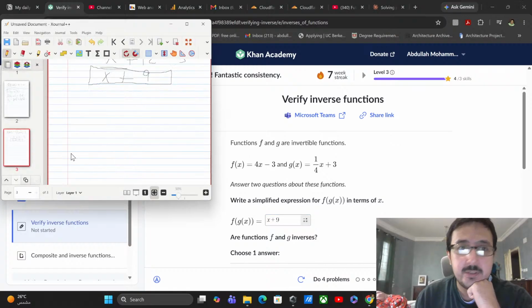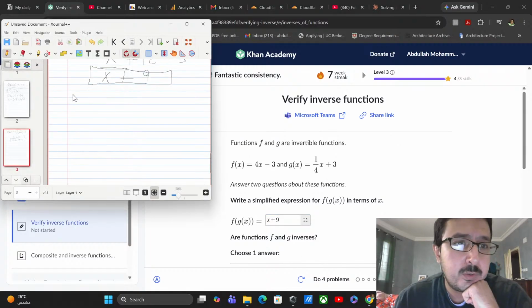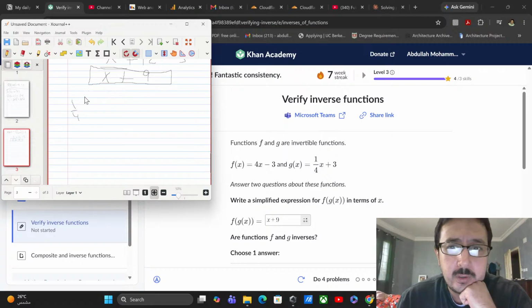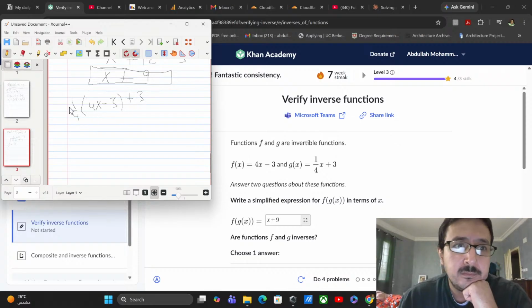Let's reverse it. I've got 1/4 over 4x minus 3 plus 3. So this is going to be multiplied here and here.